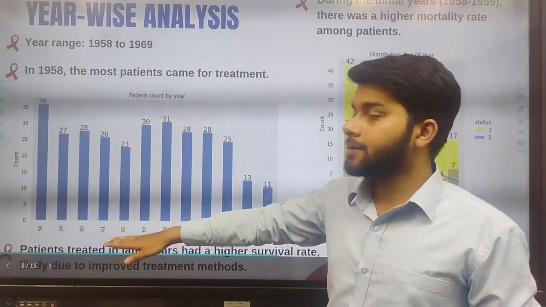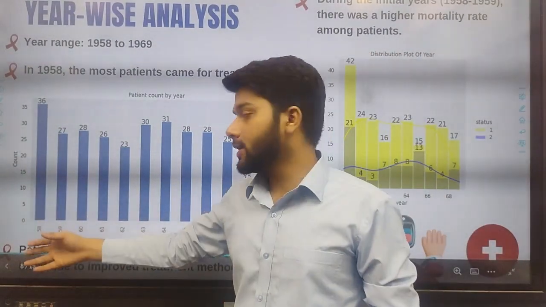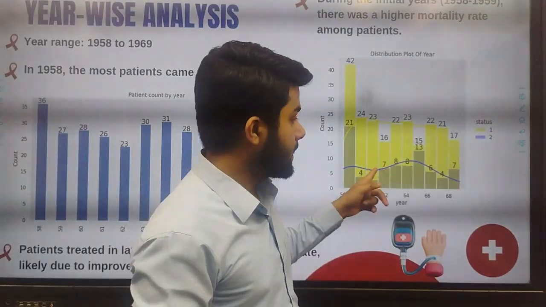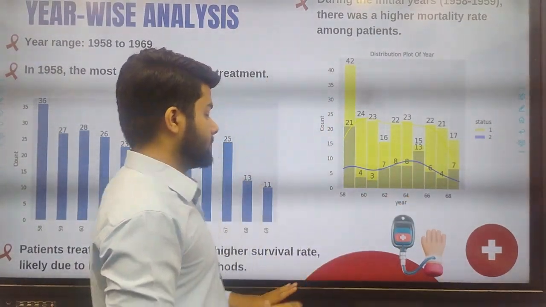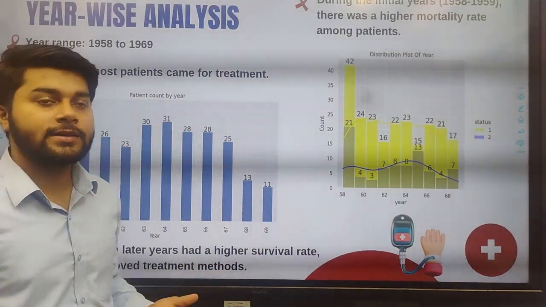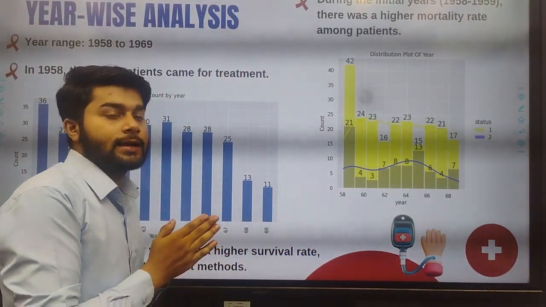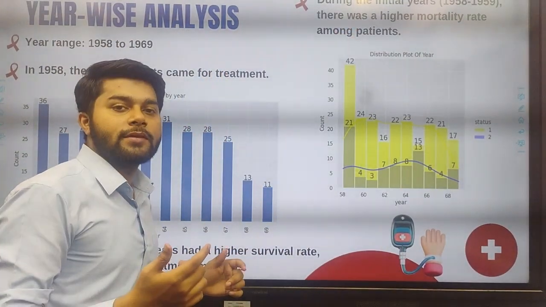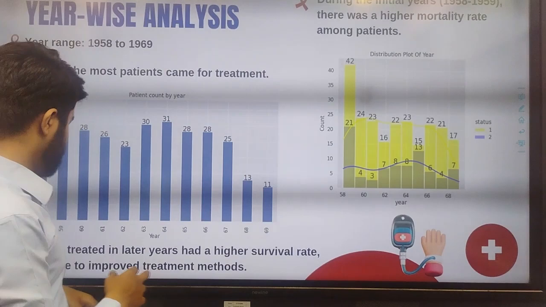I took a bar graph to demonstrate the patient count year-wise, and we can clearly see that in the initial years, 58 and 59, the mortality is higher. So patients treated in the later years have a higher survival rate, maybe due to improved treatment methods. This we can consider. And as I told earlier, between 1958 and 1959, the mortality rate is higher compared to the other years.